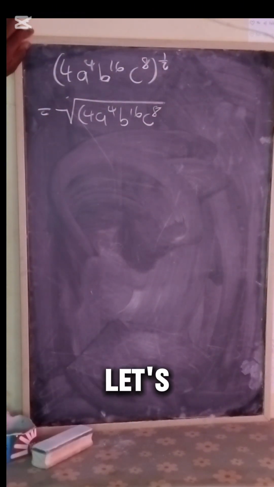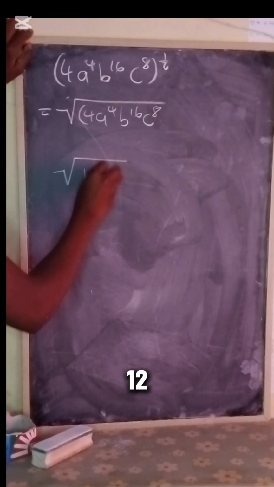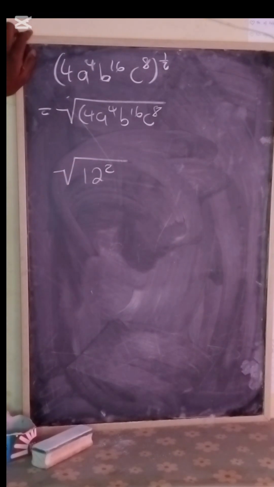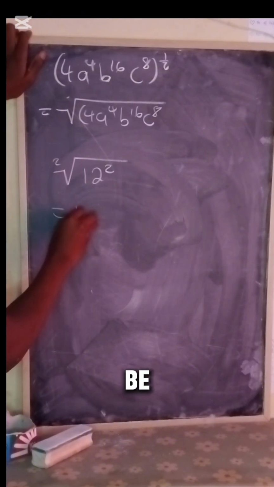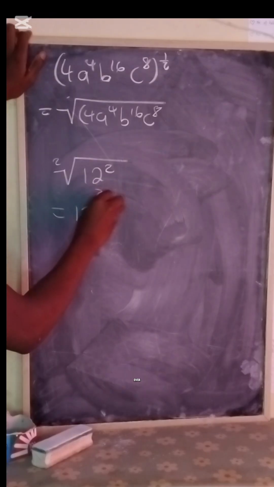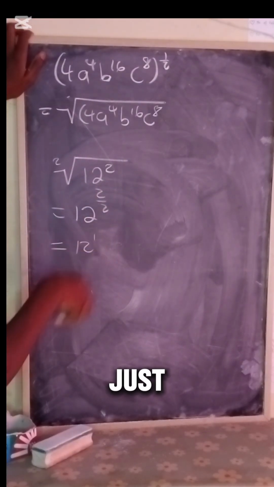For example, let's take that you have the square root of 12 squared. You know that here it's 2. So this is going to be 12 to the power of 2 over 2, right? And 2 over 2 is just to the power of 1.